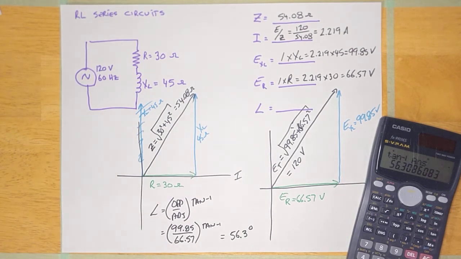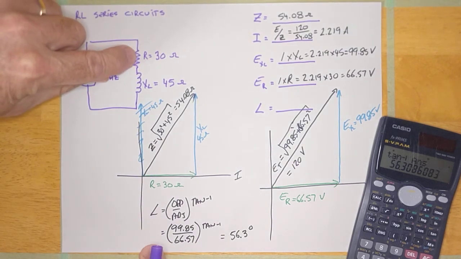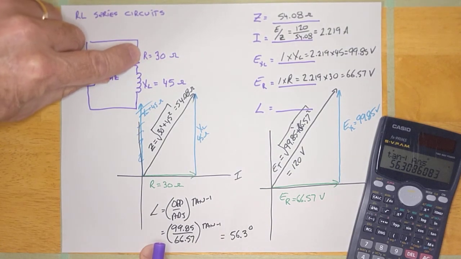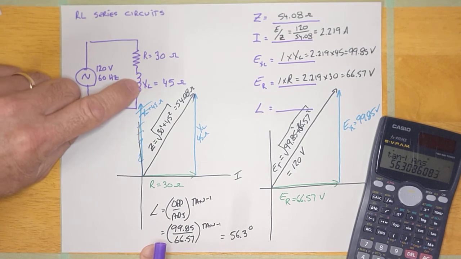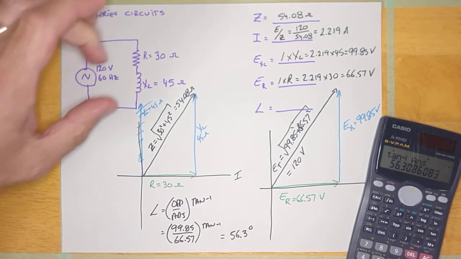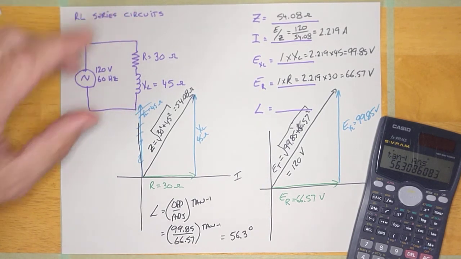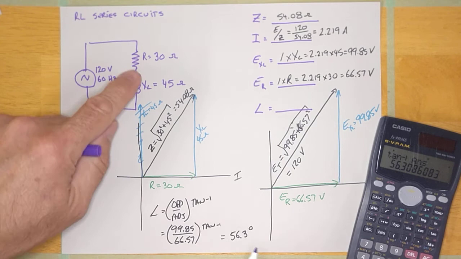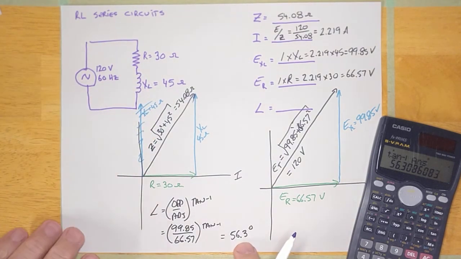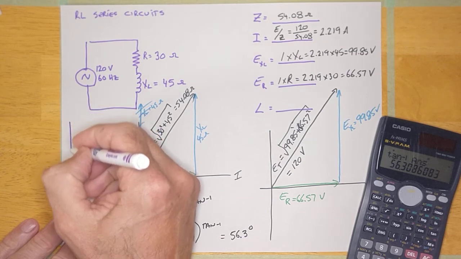Well, what it means is if I scope this individual component, guys, I would see the voltage and the current are in phase. If I scope this individual component, I would see the current is lagging by 90, okay? But what if I scope the entire circuit, or both components? Well, what I would see is the voltage and the current are out of phase, and they're out of phase by 56.3 degrees, with the current lagging, which means this.